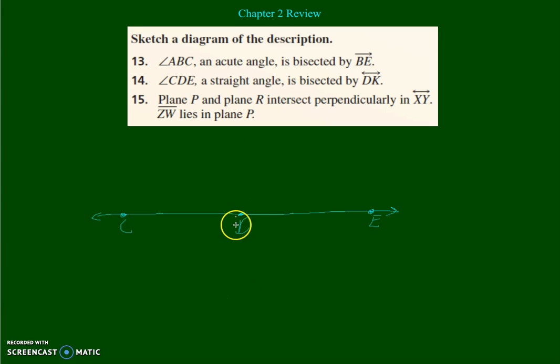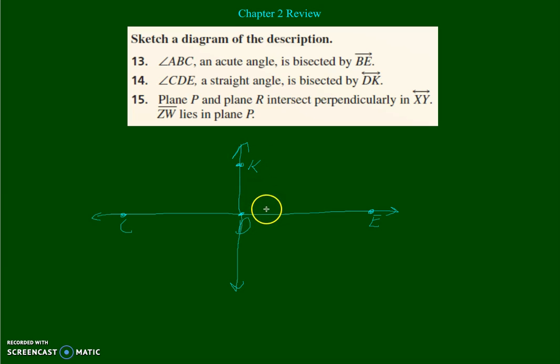And so line DK will be going through here. So let's go ahead and put in line DK, and we'll put point K somewhere here.